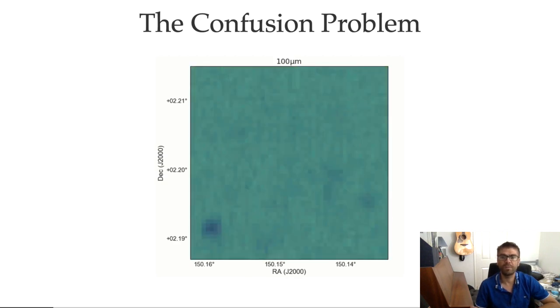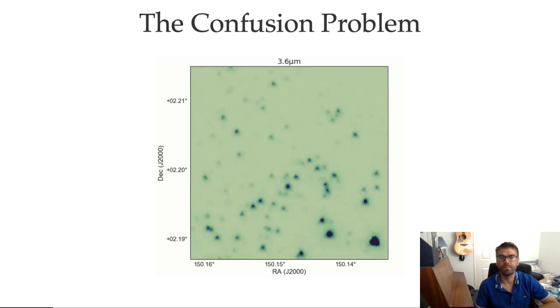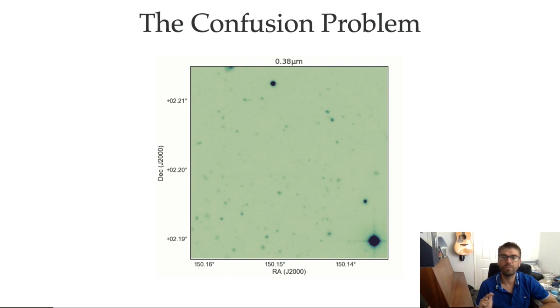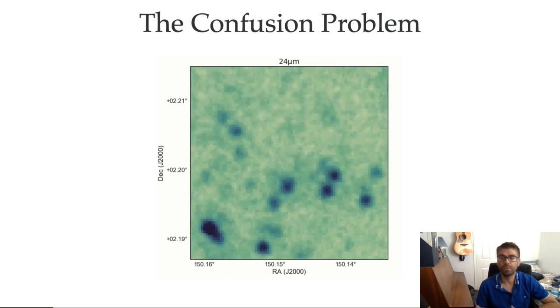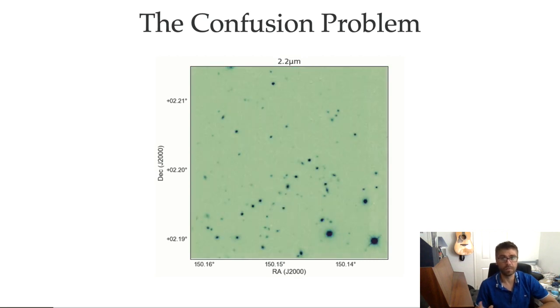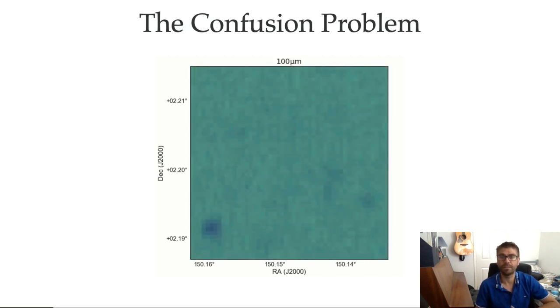So we're left working on the challenge of whether the bright blobs we observe in the far-infrared are coming from one or multiple objects observed in the optical and near-infrared, or possibly galaxies we haven't even detected in the optical and near-infrared.